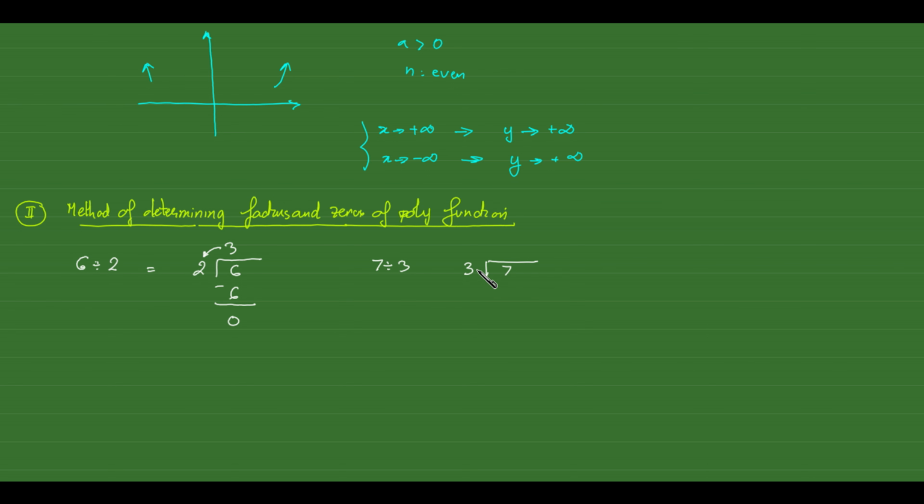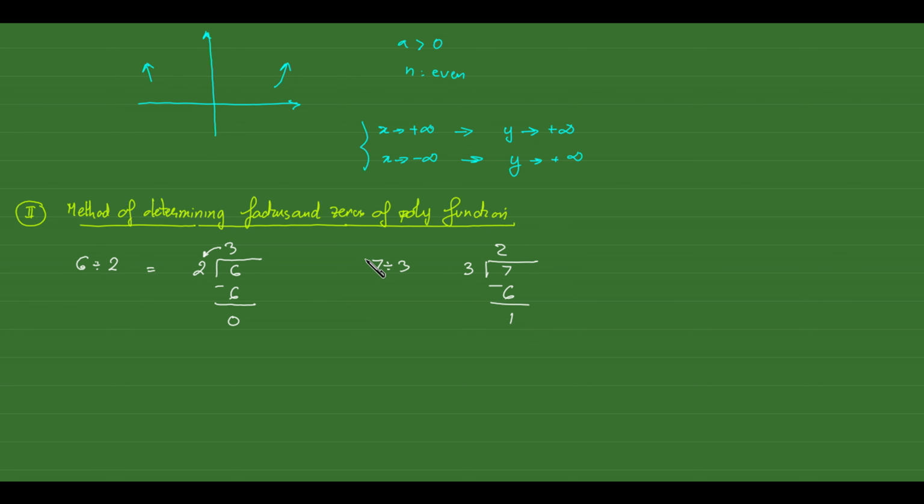I know 3 going into 7 doesn't divide evenly, but the value that gives you something close to 7 could be 2, because 2 times 3 is 6. If you do 3 times 3, that would be 9, more than 7, so this doesn't work. So this should be 2, which gives you 6, and when you do subtraction, you have 1.